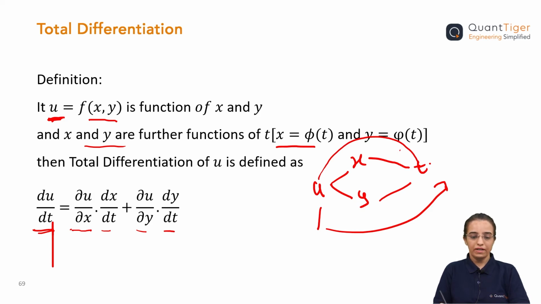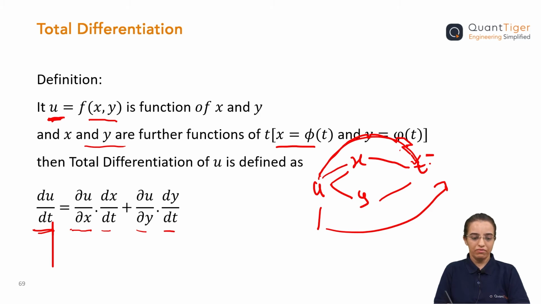So how we write it here: since u is a function of two variables, whenever a function is of more than one variable, that time we use del. Partial differentiation we do. So that's why, if I want to reach from u to t, I will go from u to x and then from x to t.